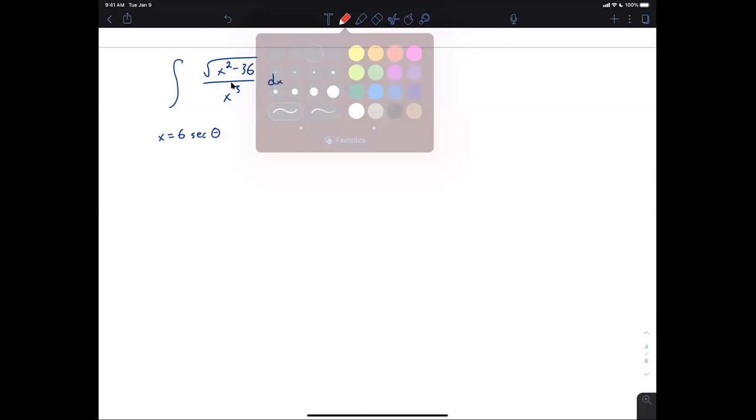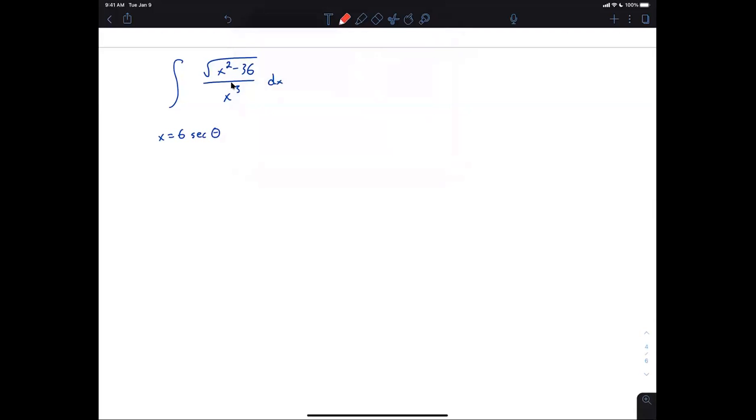And just as a review, if it's going to end up being 1 minus a trig function squared, you want to use sine. If it's going to end up being a trig function squared minus 1, you want to use secant.